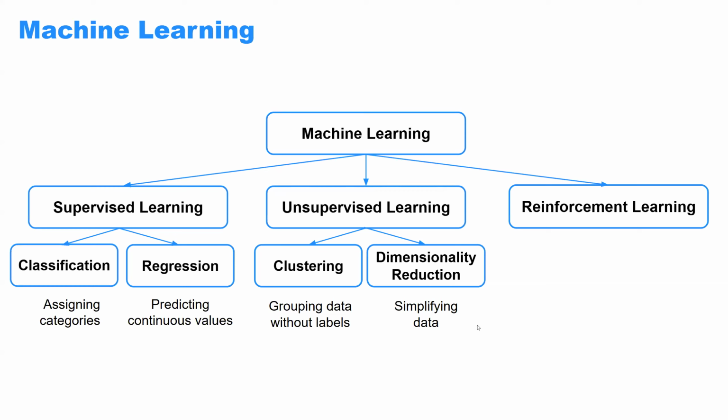Machine learning can be separated into three main categories: supervised learning, when we have correct answers for the data set, unsupervised learning, when we don't have correct answers, and reinforcement learning. In my mind, it would be more correct to say that reinforcement learning is a combination of supervised and unsupervised learning, but it could be described like this also.